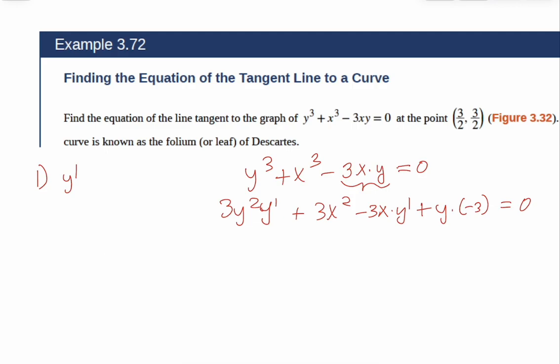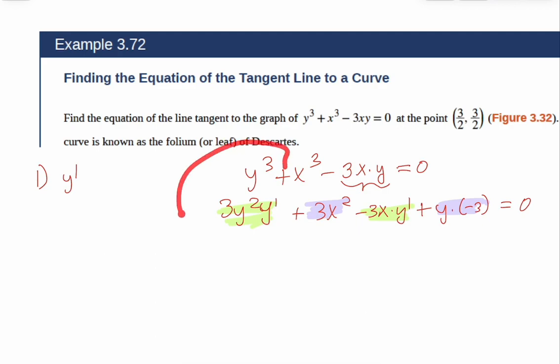Okay. Now, we are going to take all the terms that contain a y prime. We're going to put those on one side, and anything that doesn't contain a y prime, we're going to move to the other side. Okay? Anytime you take a derivative of something that originally was a y, tack on a y prime.